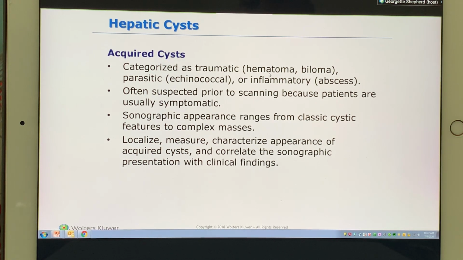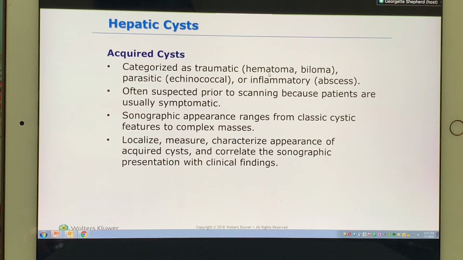The first time we see a hematoma, it's going to be isoechoic due to fresh blood. Then as the blood settles, it's going to be more hyperechoic.